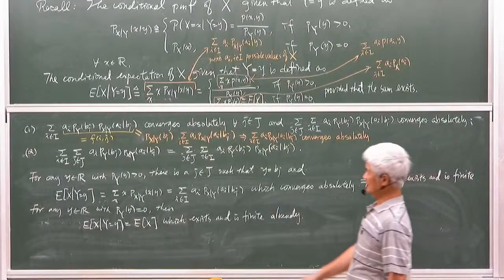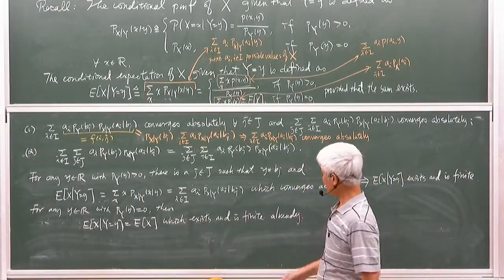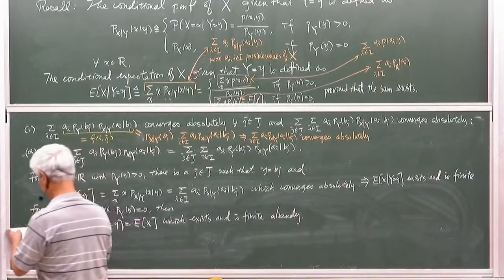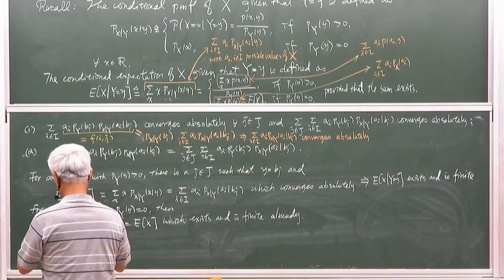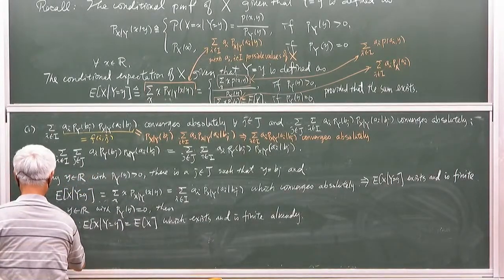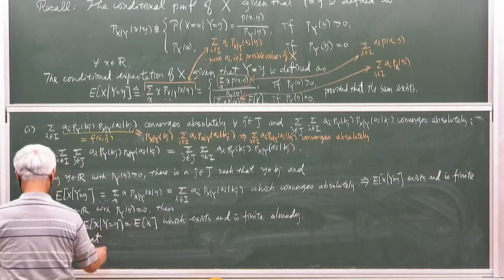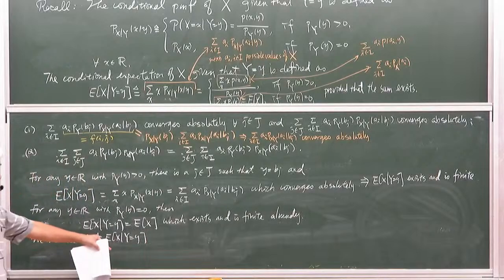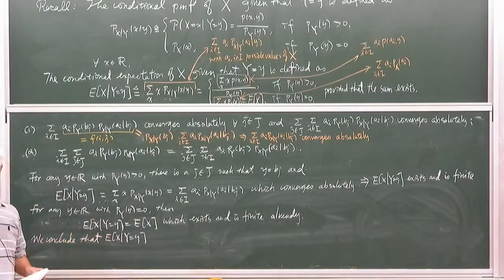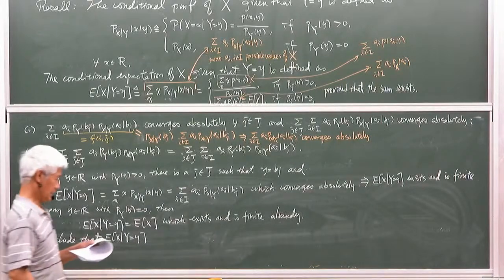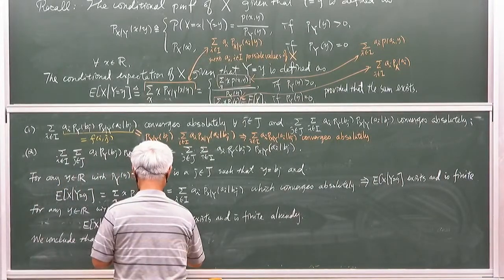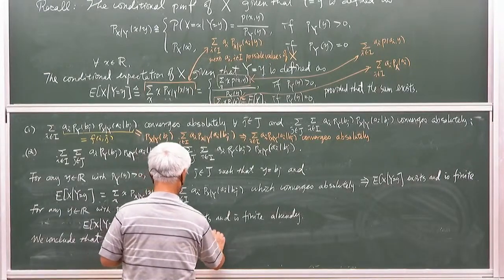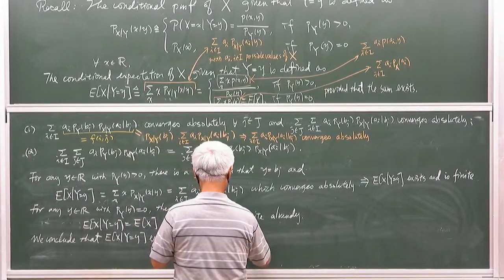So you combine them, and we conclude that this conditional expectation of random variable X, given that random variable Y is equal to little y, exists and is finite for all y in R.